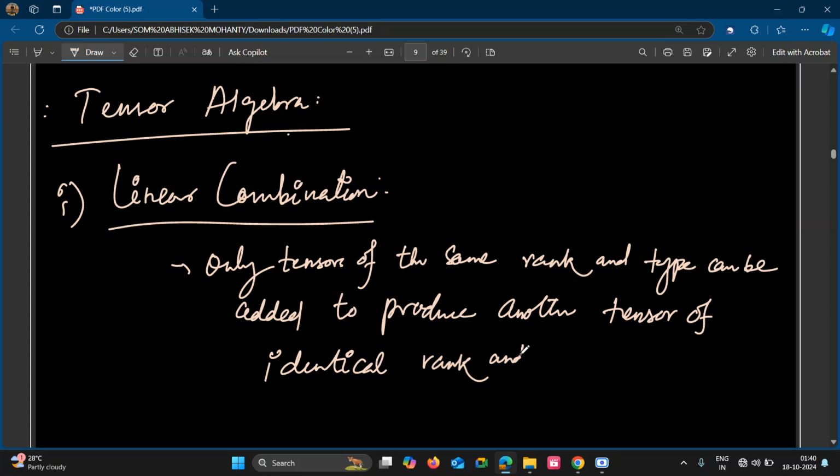This is very important. The same is true for any linear combination of tensors of the same rank and type.